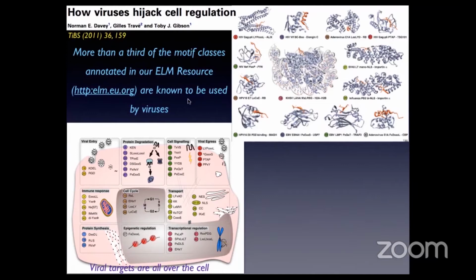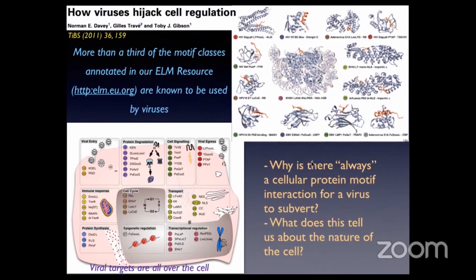And we, in our resource, the ELM resource for linear motifs, about a third of the motif classes are known to have viral examples. So the motifs actually are in the viral proteins. And we have a series of structures, representative structures shown up in the right side, where the small red part is the viral protein, the part of the viral protein binding to a host.